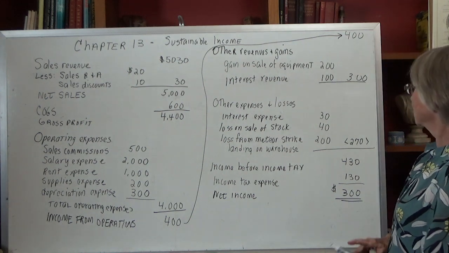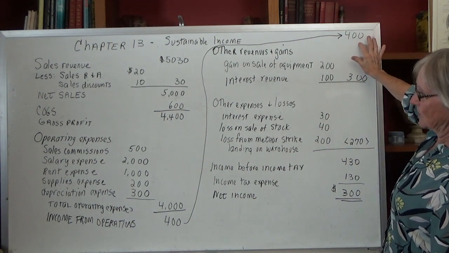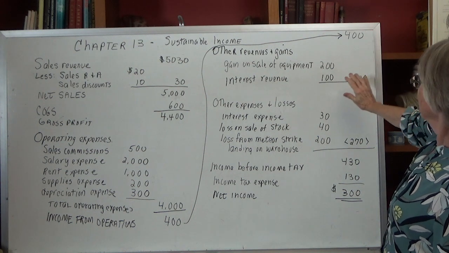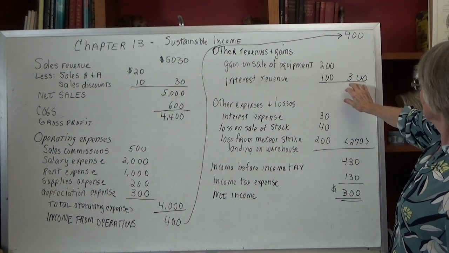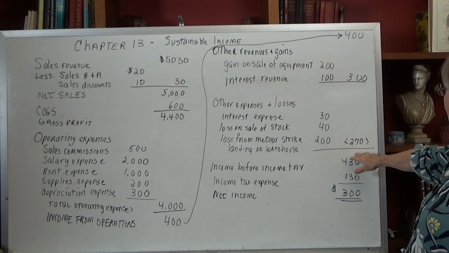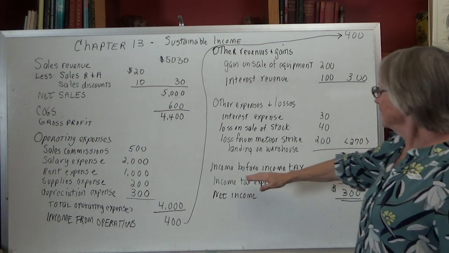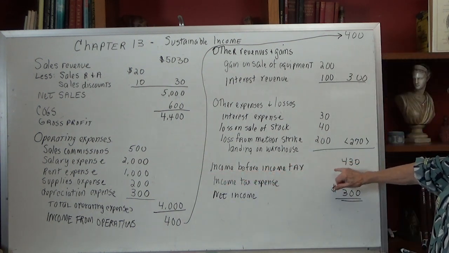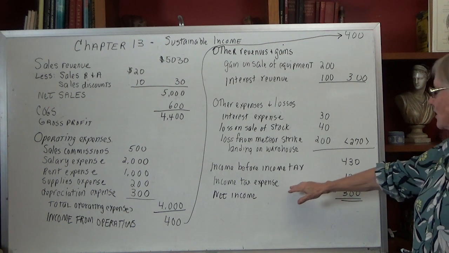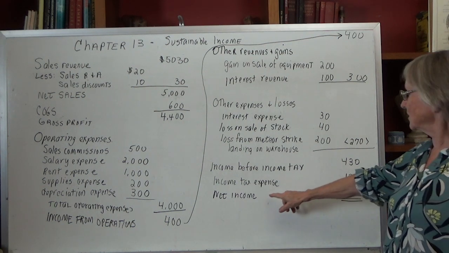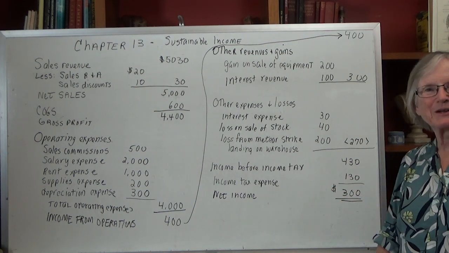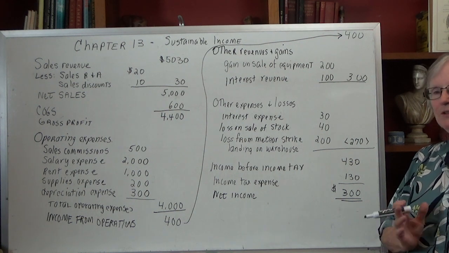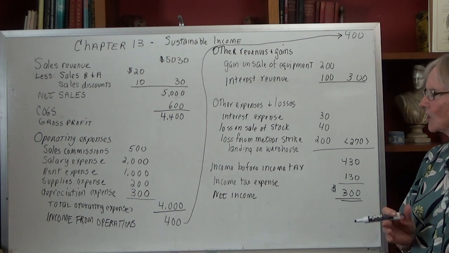All right. So anyway, we had the 400 from our operations. We had our other revenues and gains. Now we're deducting our other expenses and losses. And then we come to our income before income tax. Calculate the income tax expense, and we come down to net income. Okay, now on the notes, you'll notice that this kind of goes on.